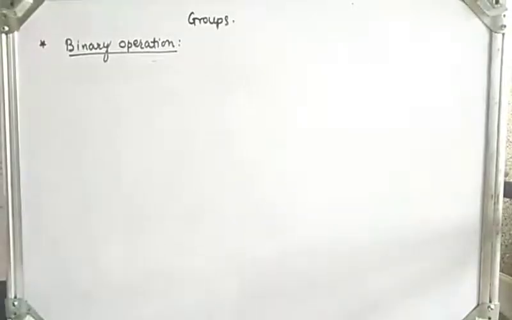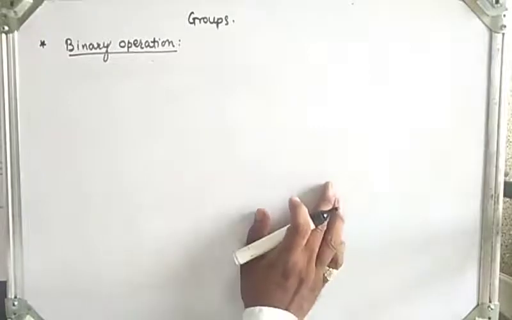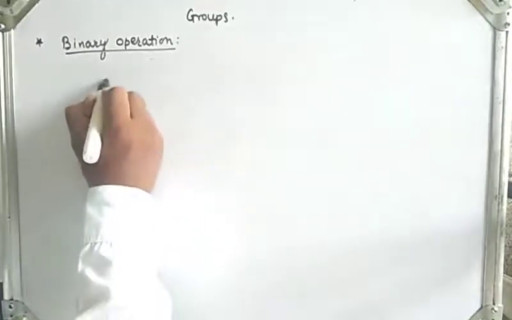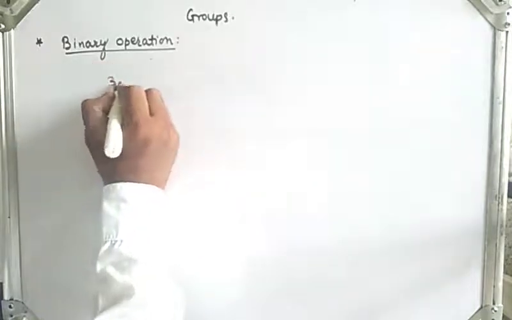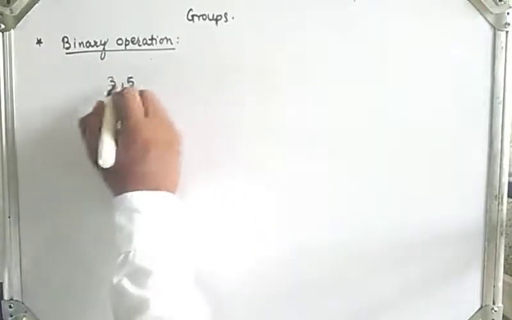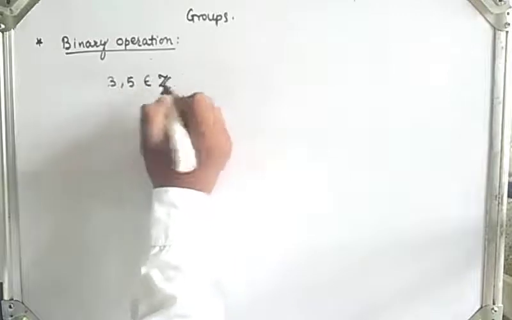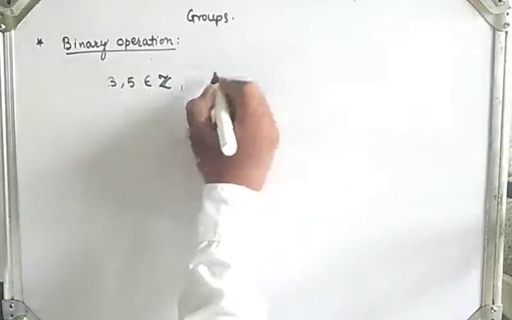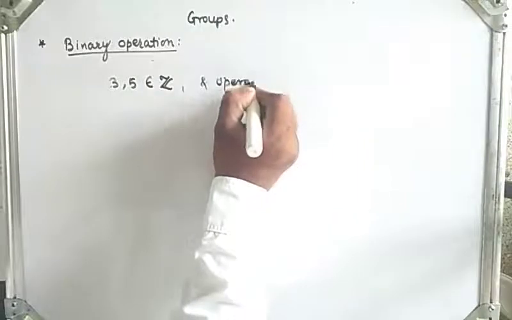Let's see binary operation. We are all familiar with addition and multiplication of real numbers. Both combine two numbers to obtain one number. For example, suppose 3, 5 belong to the set of integers, and the operation is addition.